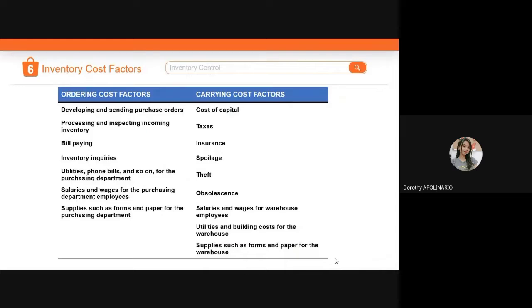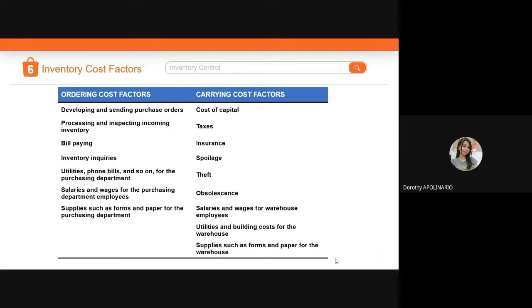These are the ordering cost factors: developing and sending purchase orders, processing and inspecting incoming inventory, bill paying, inventory inquiries, utilities, phone bills, and so on for the purchasing department, salaries and wages for the purchasing department employees, and supplies such as forms and paper for the purchasing department.